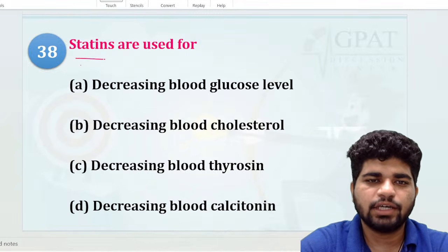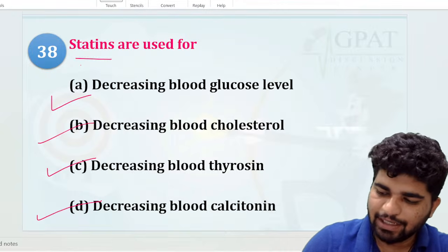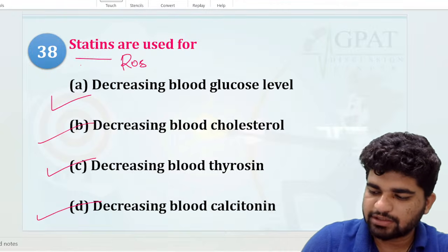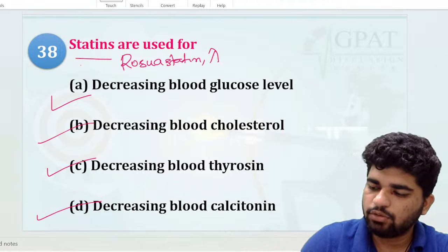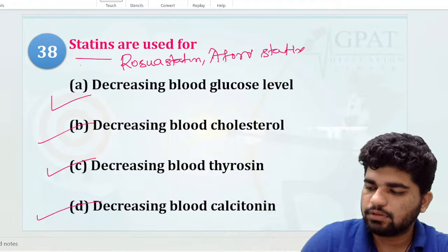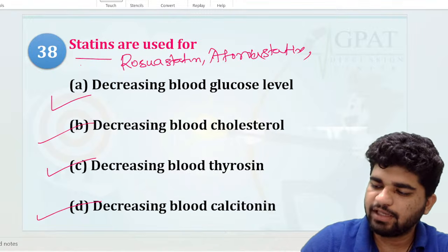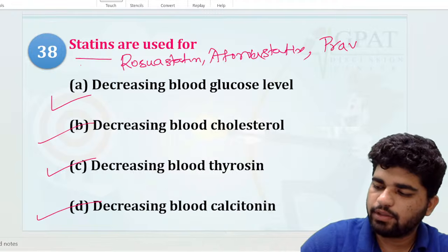Okay. Statins are used for decreasing blood glucose level, decreasing blood cholesterol level, decreasing blood tyrosine level, or decreasing blood calcitonin level. Simple, right? Statins are rosuvastatin, atorvastatin, as well as pravastatin.